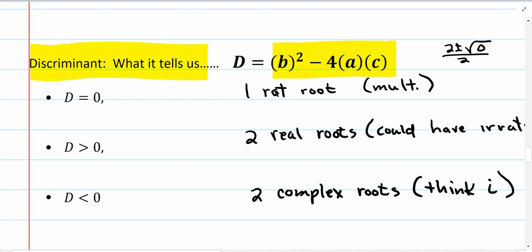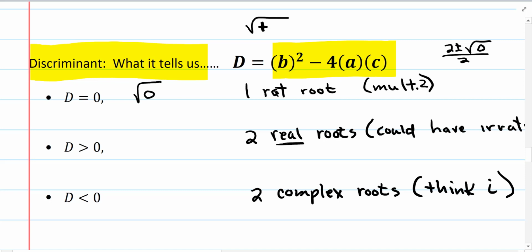All right? So, the big idea is when the discriminant is equal to 0, when underneath the radical sign is equal to 0, there's going to be one rational root, but you'll need to remember there will probably be a multiplicity of 2. When the discriminant is greater than 0, when this is a positive number under here, you're going to have 2 real roots.